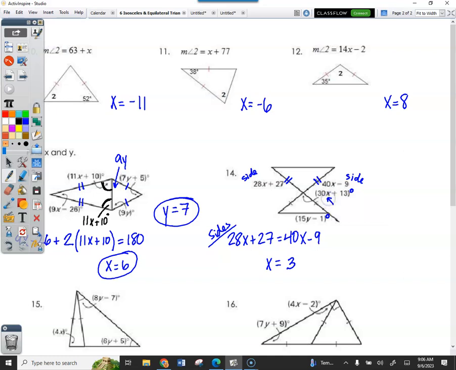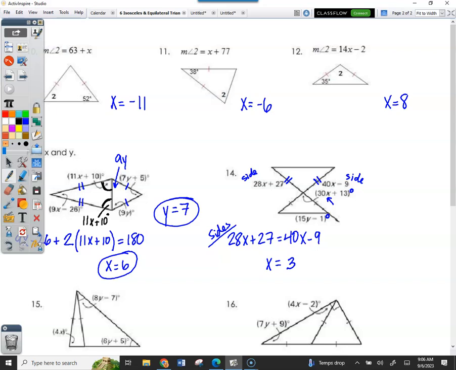What can I do with that 3? What is x? Well, no, x came from an expression about the sides. But what is the value of x? You just found it. It's 3.